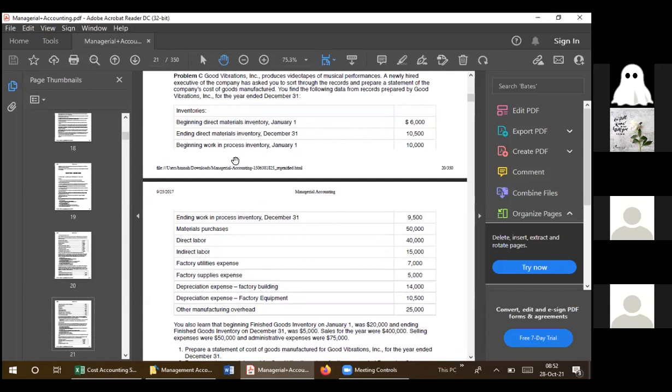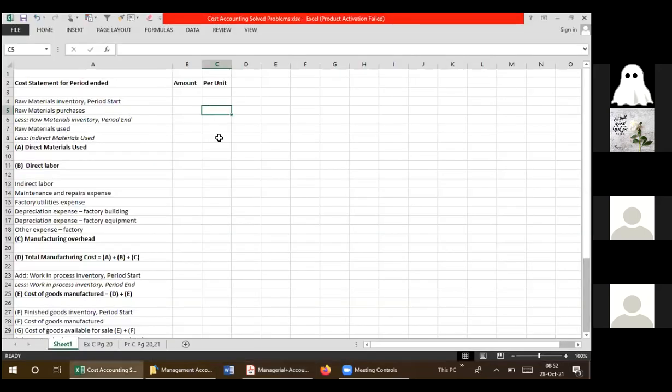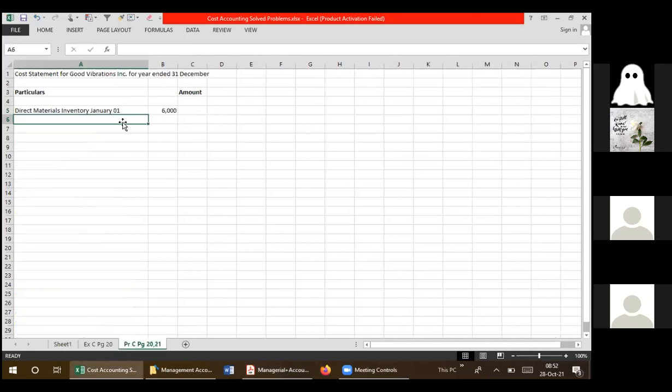We need material purchases, and that is here: raw material purchase during the period is 50,000. So materials purchased 50,000, that one we will write here in our problem.